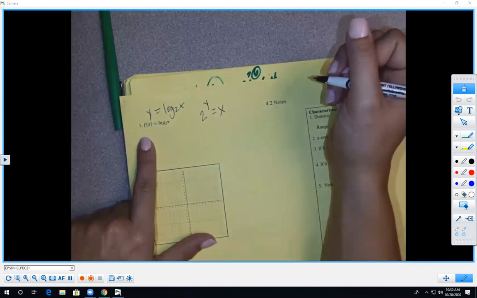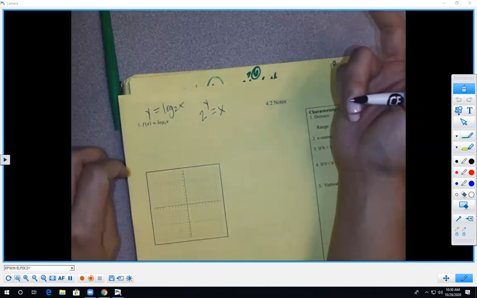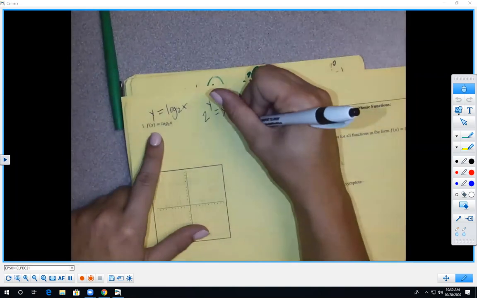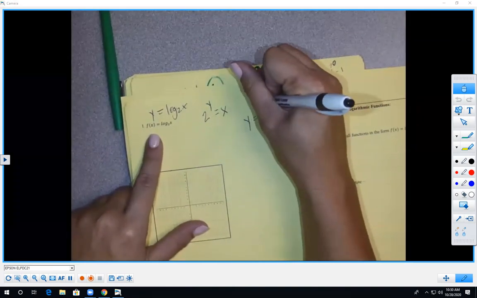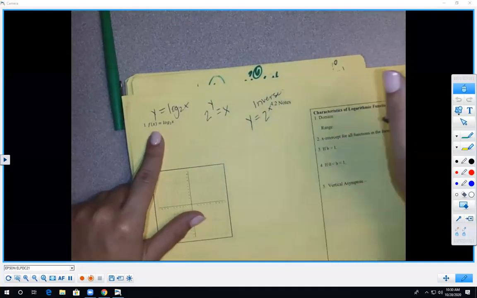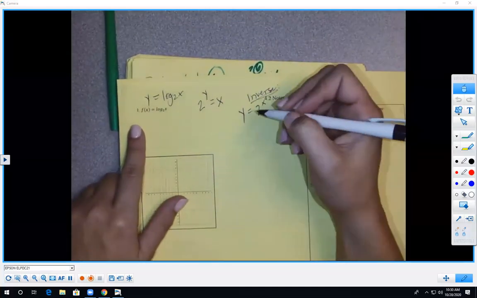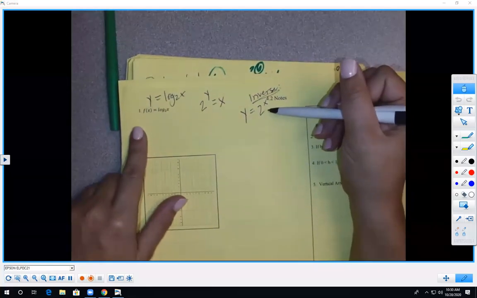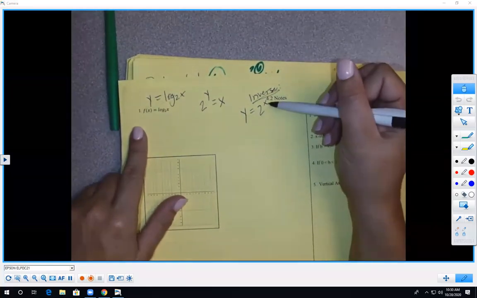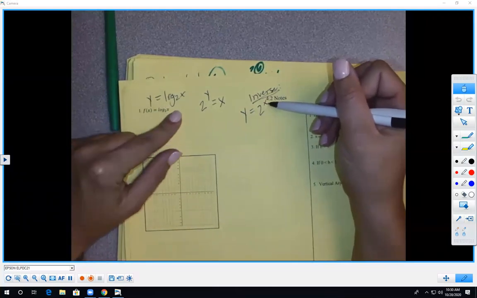And then for the inverse, you just switch your x and y. So actually, y equals 2 to the x power. That is the inverse of this function. The question is, why would I want to find an inverse? Well, it's a lot easier to make a table of values for y equals 2 to the x power than it is for log base 2 of x.